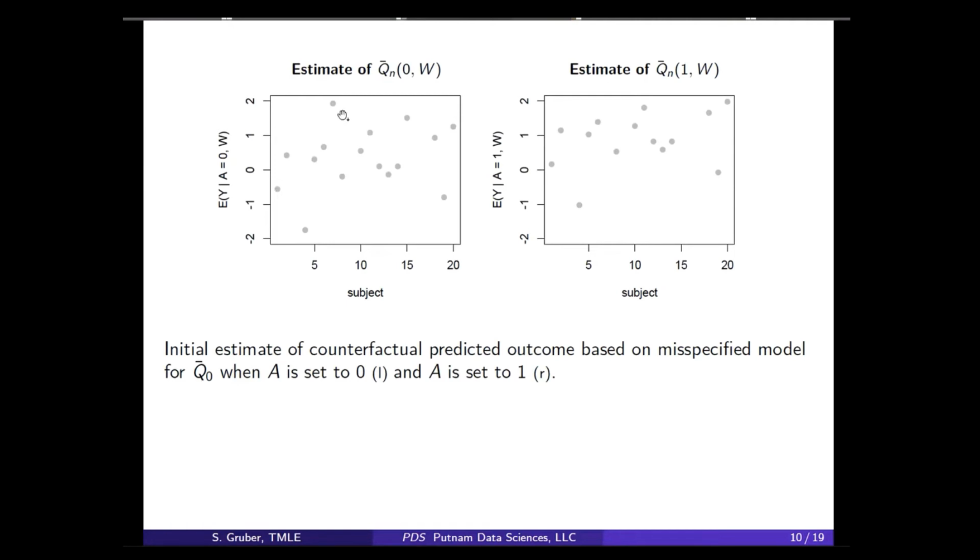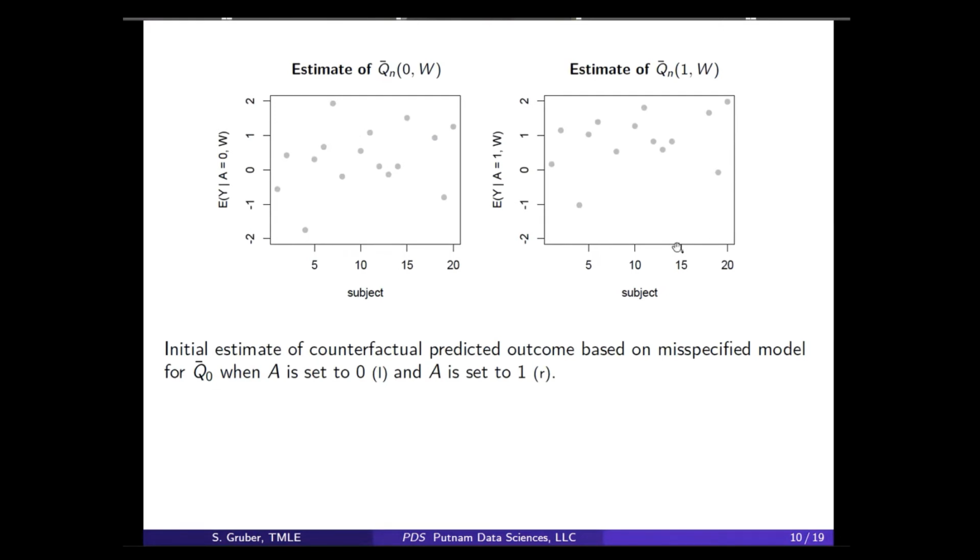This person's outcome is 2 when they're not treated. So that's what the gray dots are on the left side. On the right-hand side, these are the predicted values when they are treated. So you can see the first one had been like negative 0.7, now they're above 0. But that person who was up at 2, they went down when they were treated.